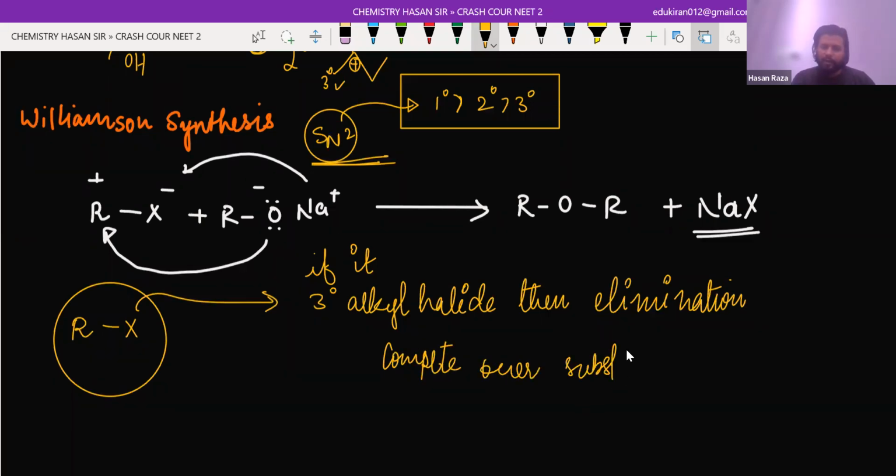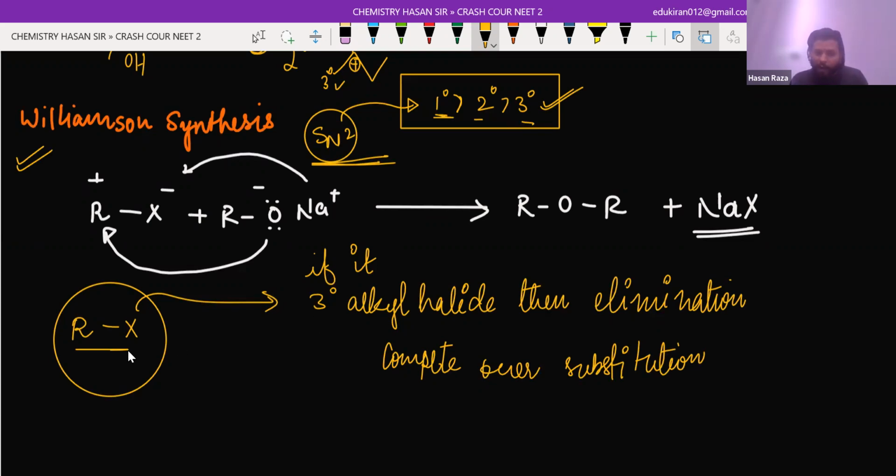As you know, in SN2, 1 degree is very reactive, then 2 degree, then 3 degree. Due to steric hindrance, 3 degree will not take place here, and elimination will compete over substitution.